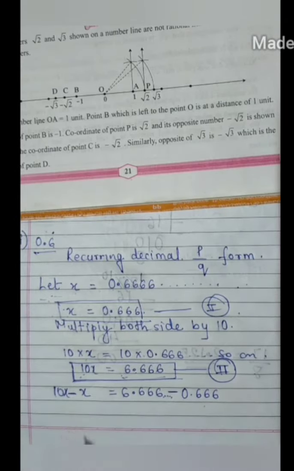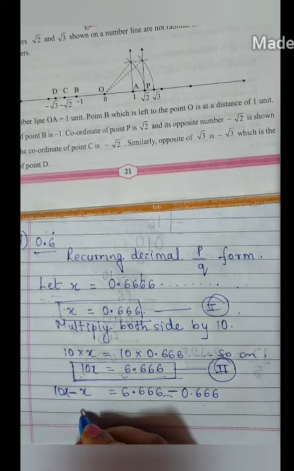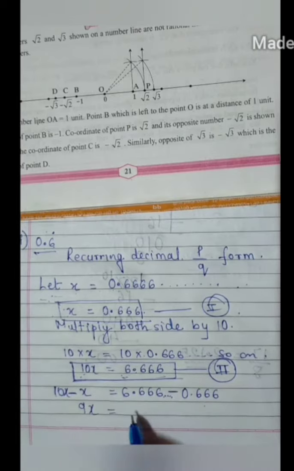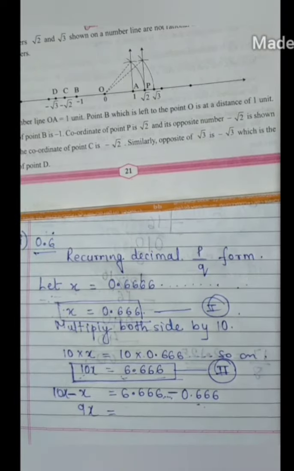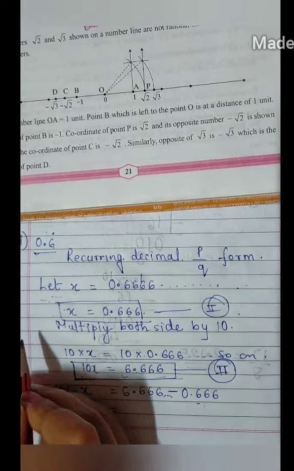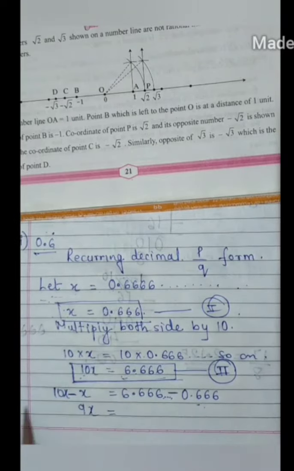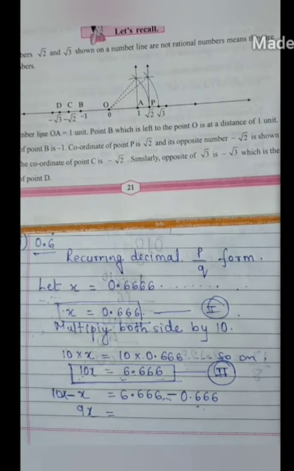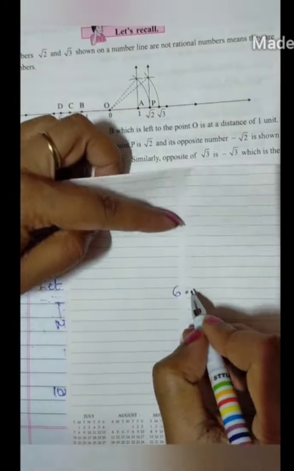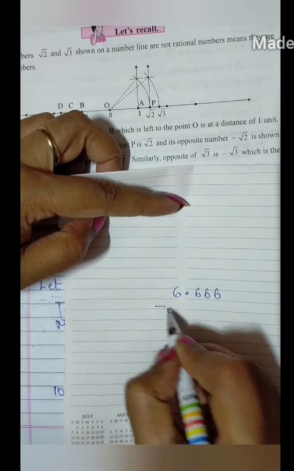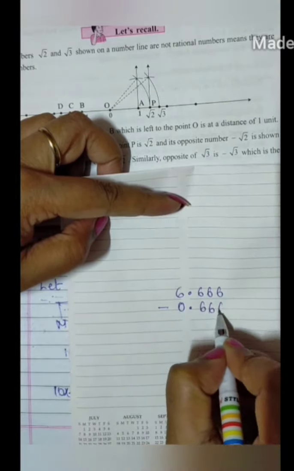Okay, now after subtracting, here we will get 9x, and here I am showing how to subtract this. 6.666 minus 0.666.